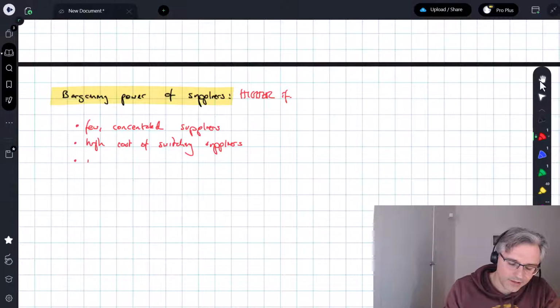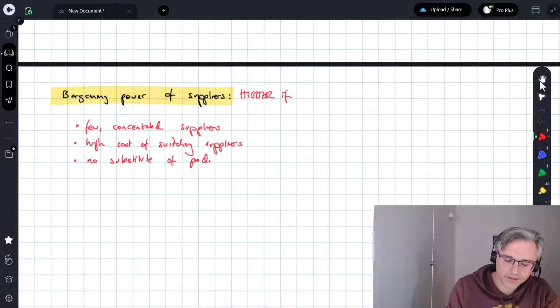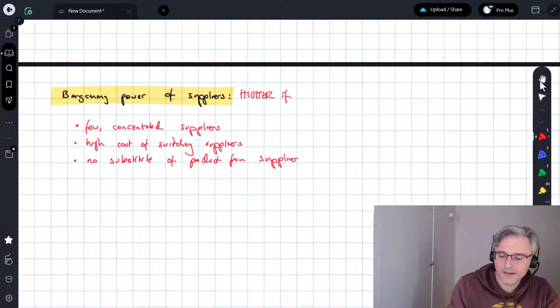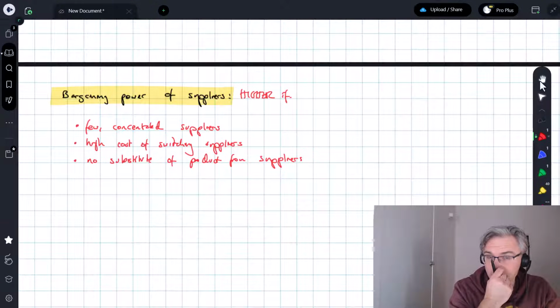And if there is no realistic substitute of the product being supplied, then once again the bargaining power of the supplier is quite high.